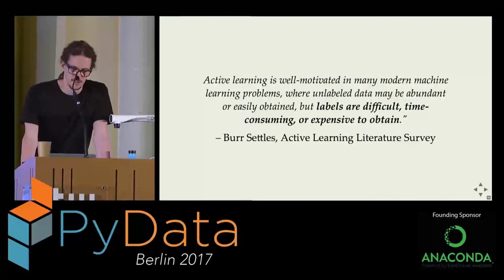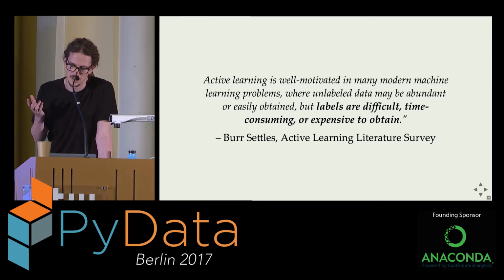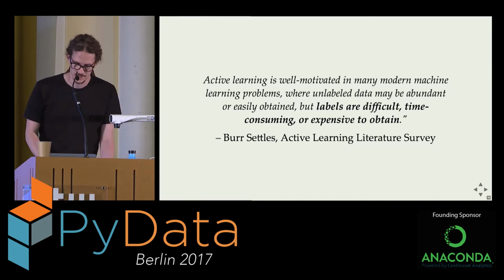And finally, active learning is well motivated in many modern machine learning problems where unlabeled data may be abundant or easily obtained, but labels are difficult, time-consuming, or expensive to obtain. This is the abstract from the active learning survey by Burr Settles.